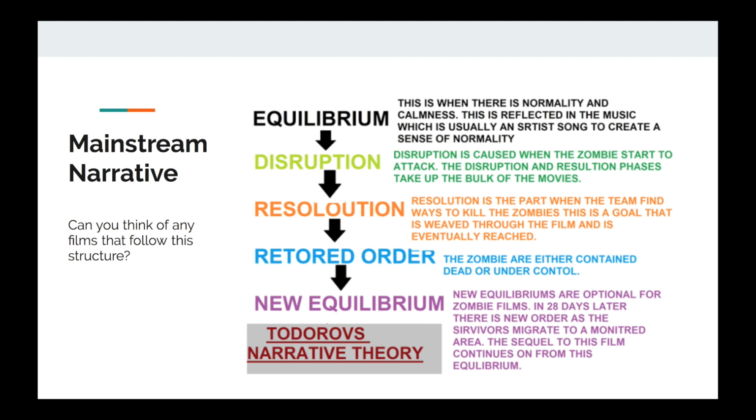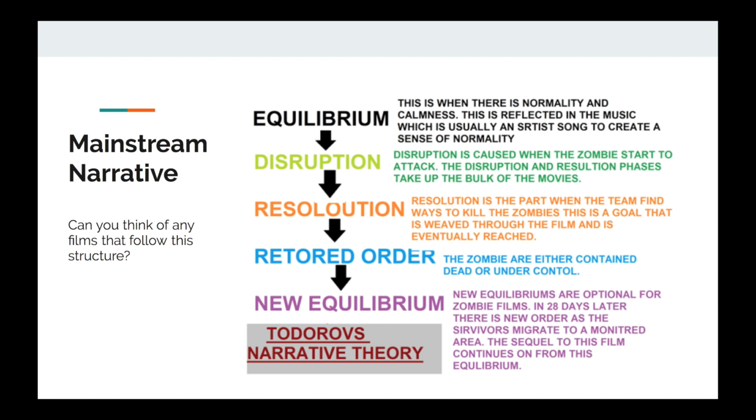Disruption is caused when the zombies start to attack, for instance. The disruption and the resolution phases take up the bulk of the movies. Lots of Hollywood mainstream narratives use this technique. For instance, in the first third of a film, you would probably see a teenage boy, Peter Parker, suddenly gets bitten by a spider, and then strange things start to happen.